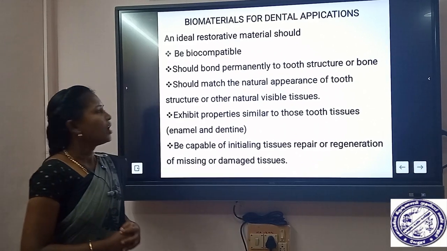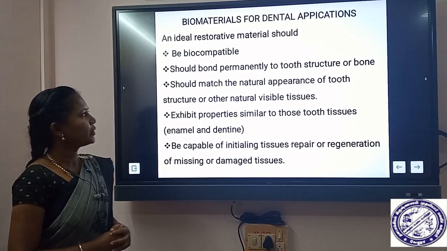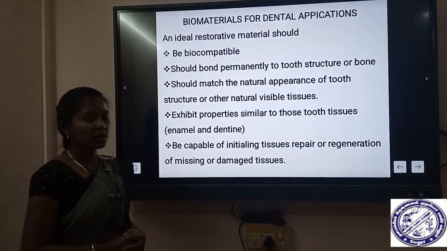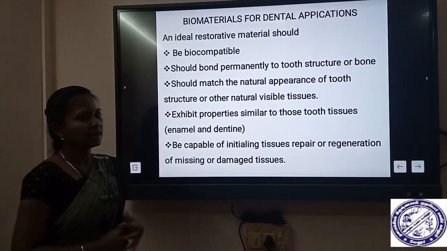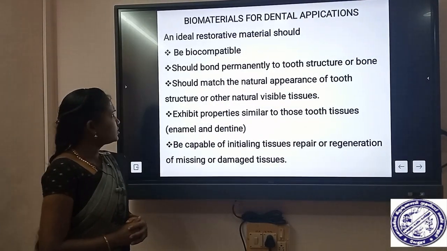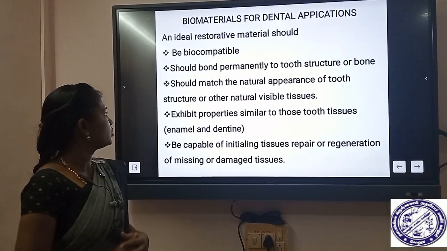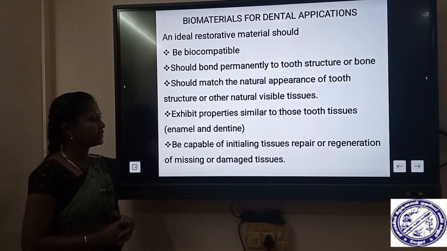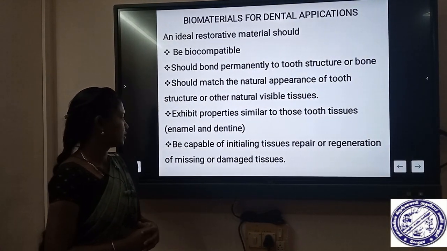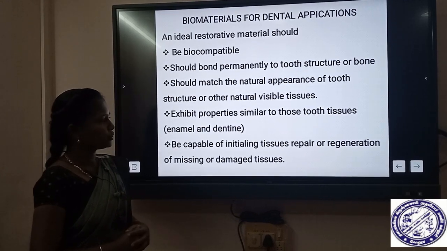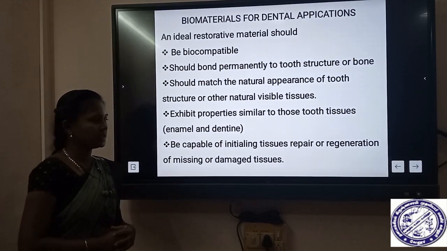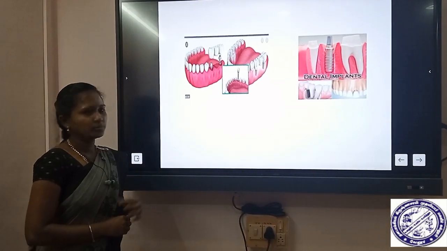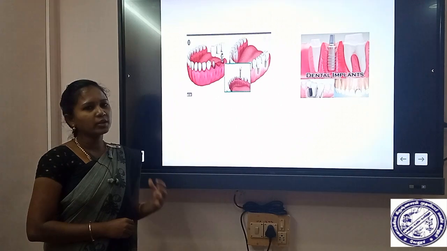Because they should be biocompatible, should bond permanently to tooth structure or bone, and should match the natural appearance of tooth structure or other natural visible tissues. That is very important. They should exhibit properties similar to those of tooth tissues, and be capable of initiating tissue repair or regeneration of missing or damaged tissues. These are some images showing root canal and root capping.